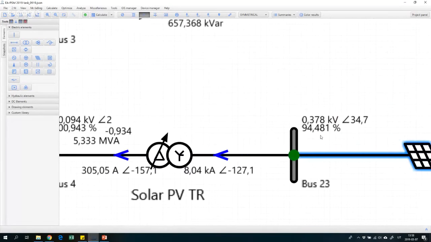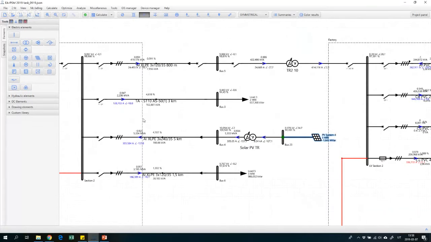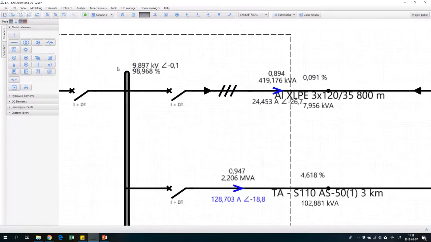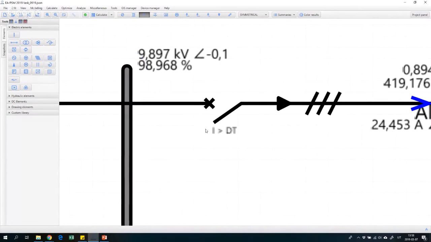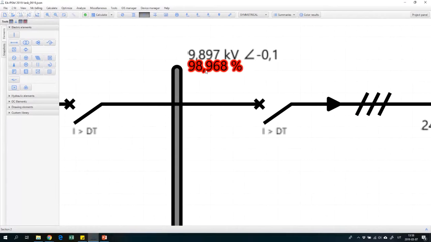You can see that when we consume reactive power, voltage goes down. Instead of 99%, which we had here previously, now we have only 94.5%. And if we look at our distribution section bus, we can see it's 98.9%, so another half percent voltage drop. In total, we have about 1% of voltage drop.